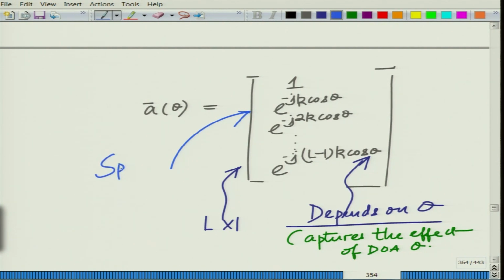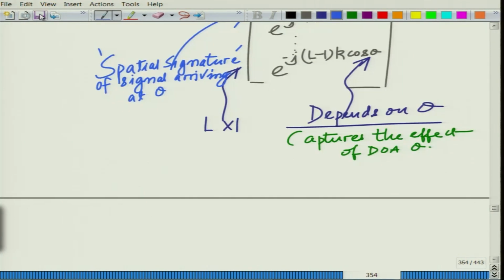It is the signature of a signal that is arriving with a direction theta at the array, and this property can be used to estimate the direction of arrival of the signal at the receiver. This is the spatial signature of a signal arriving at a direction theta.